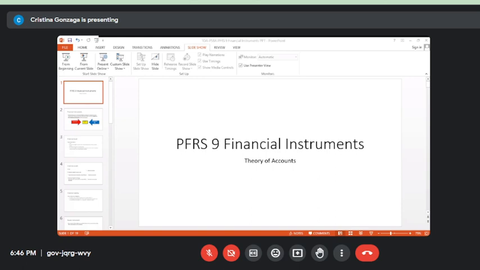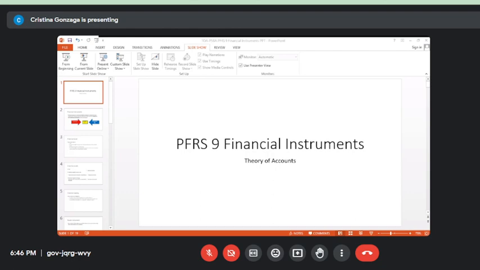It now depends upon the result or the outcome of the two types of test. Ano ba yun? Paano kung gagamitin yon? We will find out para malaman natin kung paano natin ika-classify ang financial asset. Tatlo yung dapat nating i-classify: derivative instrument, debt instrument, and equity instrument.